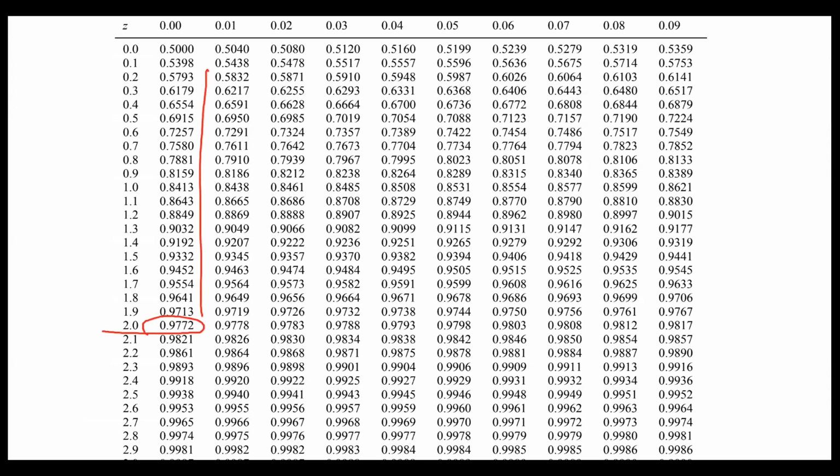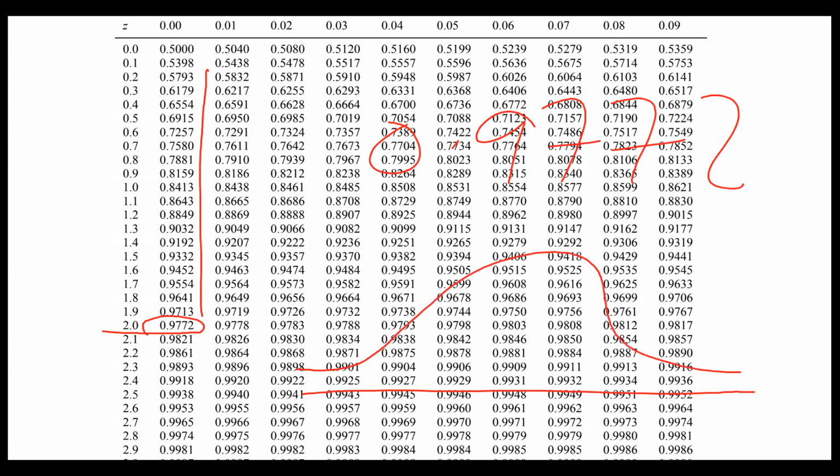It is this one, 0.9772. This area covers the region from here up to here. We want the one that is greater, which means we subtract from 1. Did you get that? Yes, sir. Thank you. Okay, welcome.